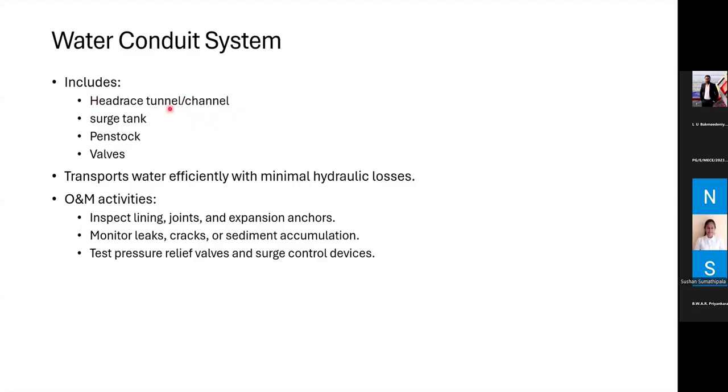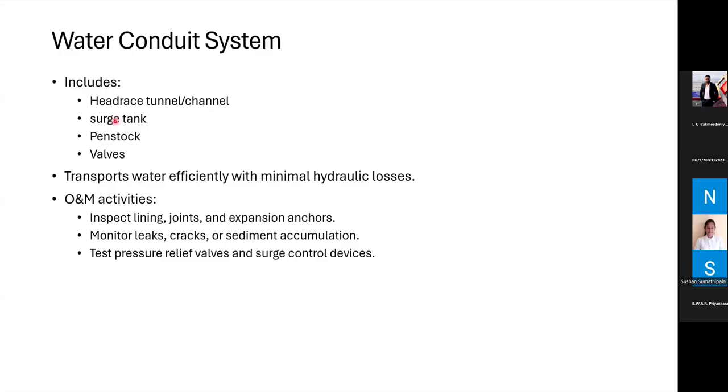Major power schemes mainly use tunnels, but channels are used to conduct water from the reservoir to the generation scheme in many countries. I know some examples in New Zealand, like the Waitaki power generation scheme in the South Island. They use these channels to carry water from the reservoir towards the generator plant.